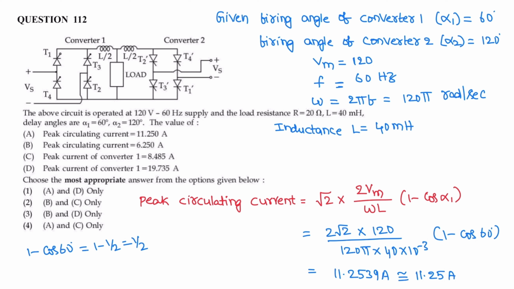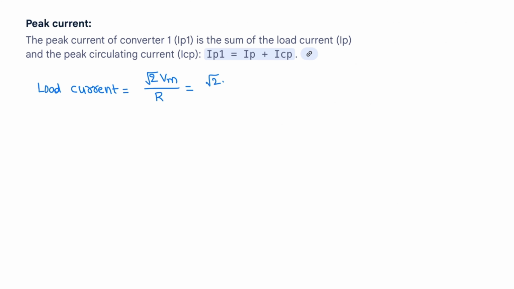Also, we need to calculate the peak current of converter 1. Peak current is the sum of load current and peak circulating current.